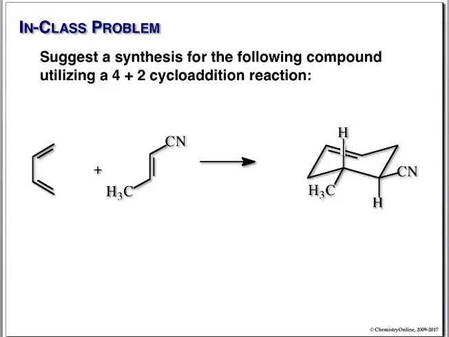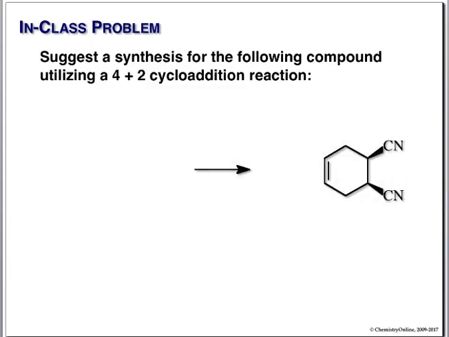Just to refresh yourself from chapter 4, the hydrogen here and the nitrile, they're cis, aren't they? This is pointing up, this is pointing up. If this hydrogen and this hydrogen are on opposite sides, they are trans as well. So that's just a simple way to do it, just remember that.